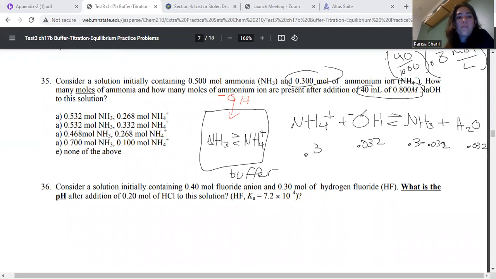Okay, so now we should know the amount of this present, our NH3. It should be 0.3. Well, I guess this one's none of the above. Let me check the answer key.